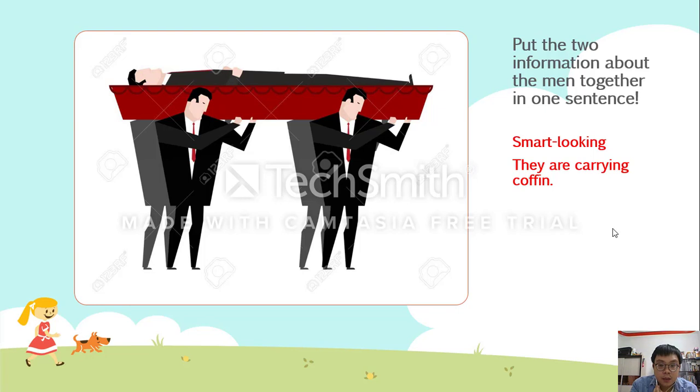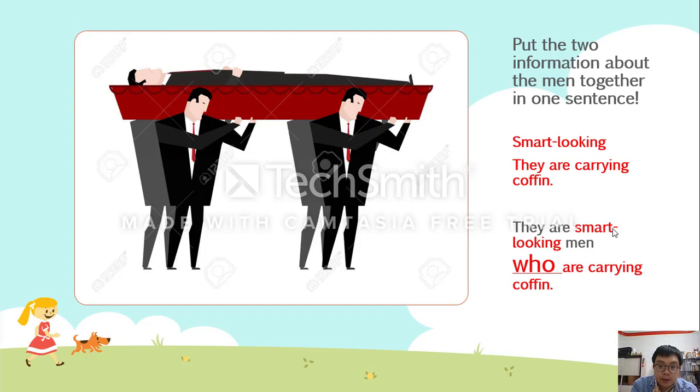So I can say they are smart looking men, but I need to put my second information into the sentence. People need to know the second info also. So I will make the sentence longer by adding this WHO, which is a relative pronoun.